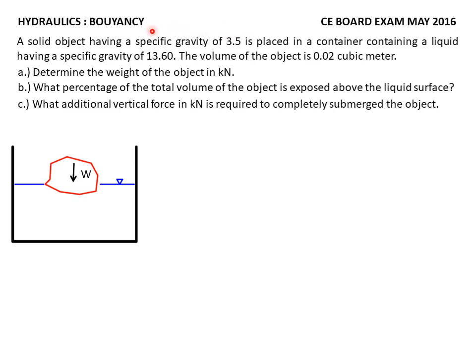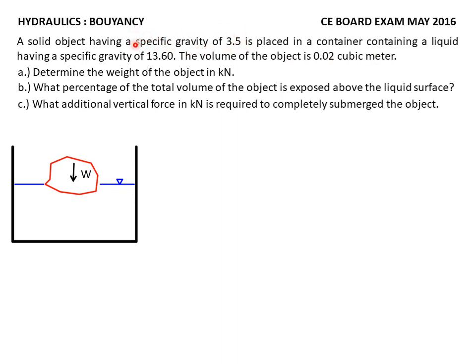Using only two given for this object, the specific gravity of 3.5 and the volume of 0.02 cubic meter. To compute the weight, we will need the unit weight of this object multiplied by the volume. So how can we solve the unit weight using the specific gravity?